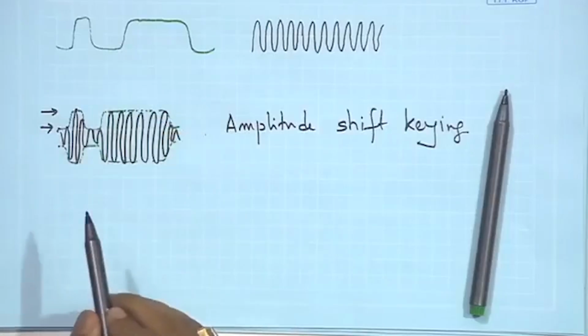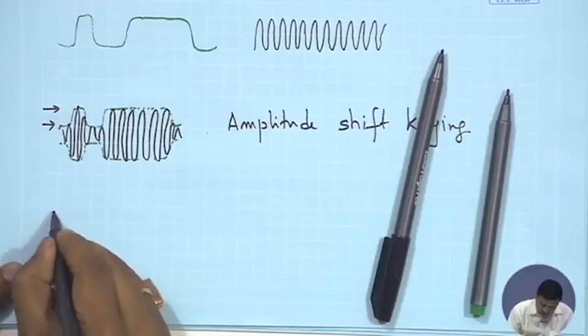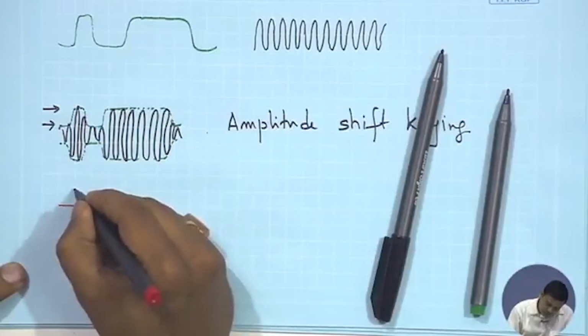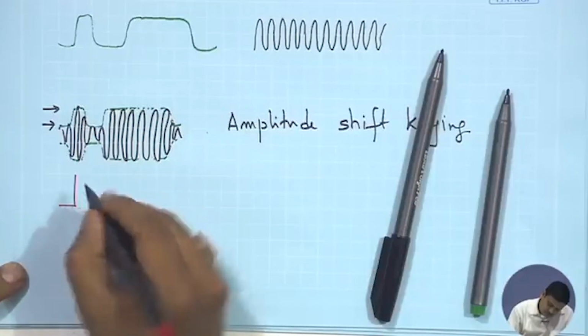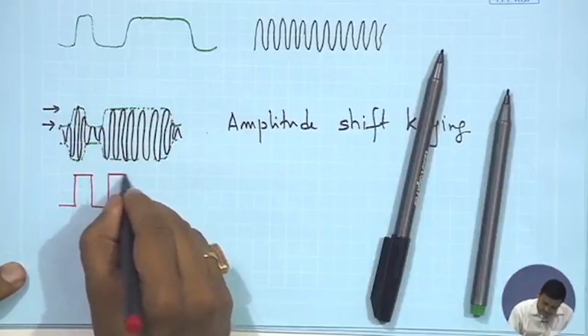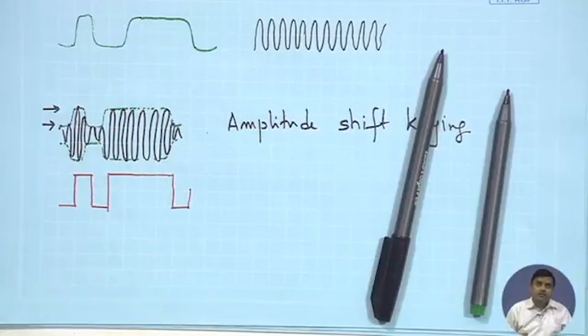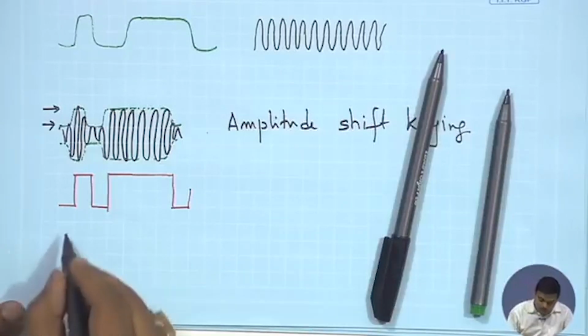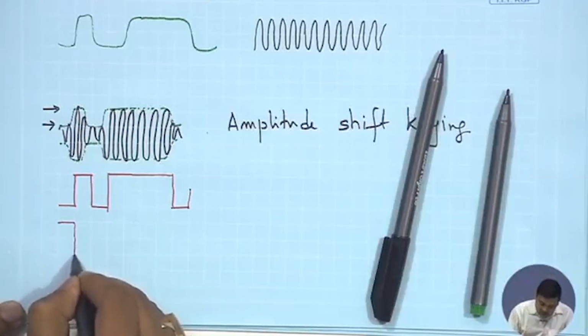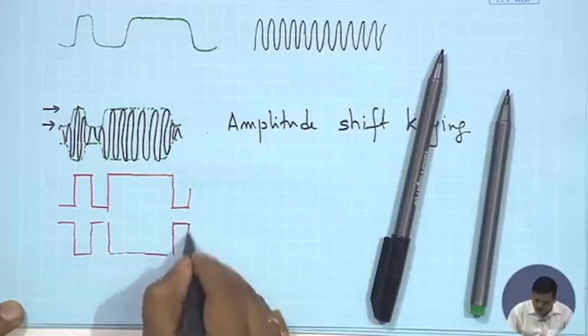Now, if nobody tells you whether this waveform is generated this way, or if I take another very precise input waveform, let's say this, I can still send it through an analog modulator, and I would get a signal which would look like this.